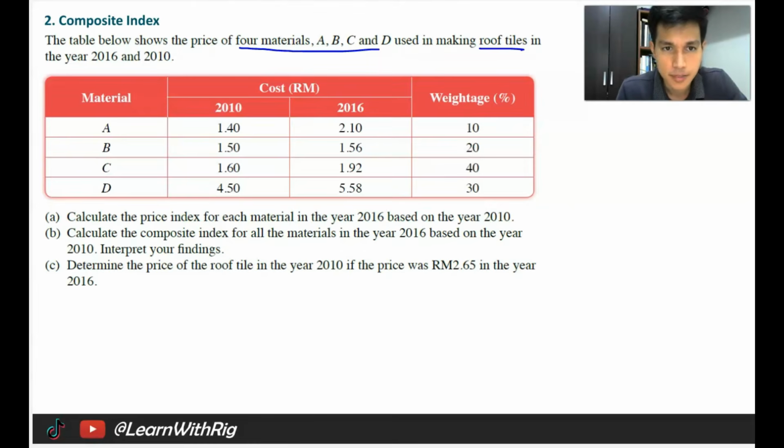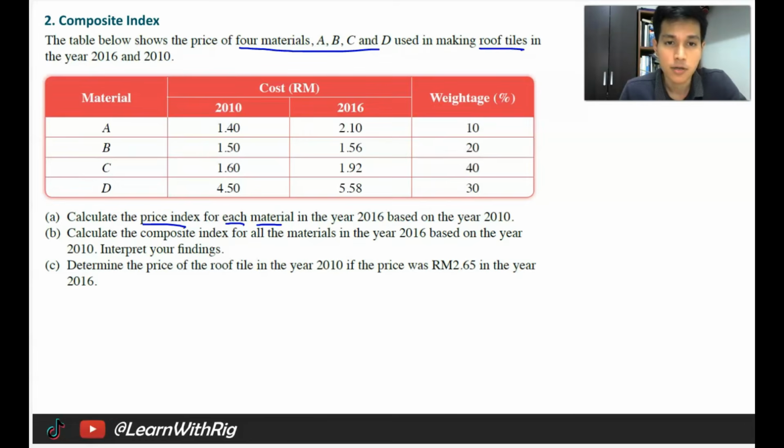Now for question A, they're asking you to calculate the price index for each material. Price index is basically the index number, same thing. So what does that mean? Are you going to use the composite index formula or the price index formula?